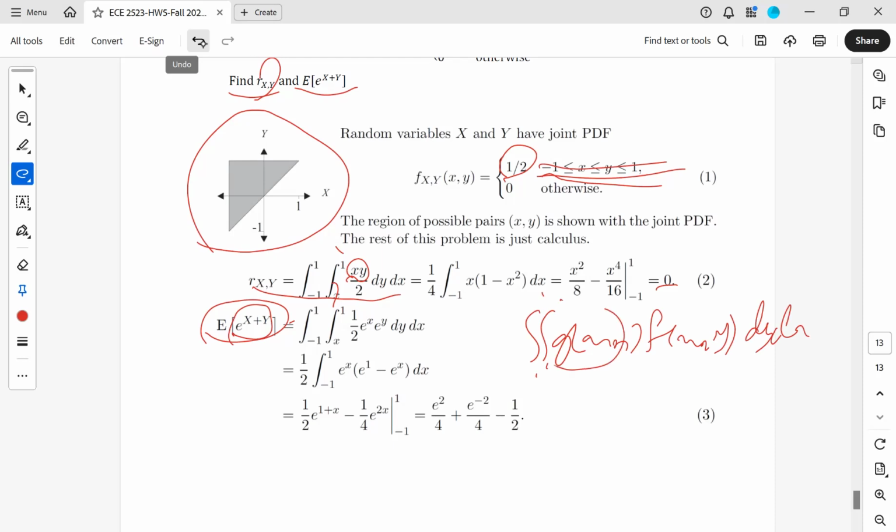This g is e to the power of x plus y, which basically means the multiplication of e to the power of x and e to the power of y. Do the double integral, and you have your final answer for the expected value of e to the power of x plus y. Is that clear?